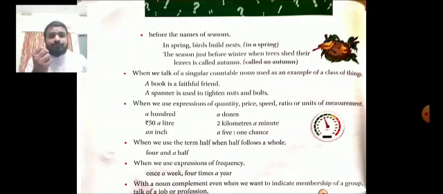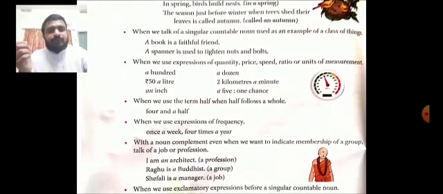Now, where we need to use it is with the term half, when the whole number is to be followed. That means 4 and a half or 2 and a half. That means first the whole number will come, then the article, then half. Now about frequency also we need to use it. For example, once a week, four times a year.